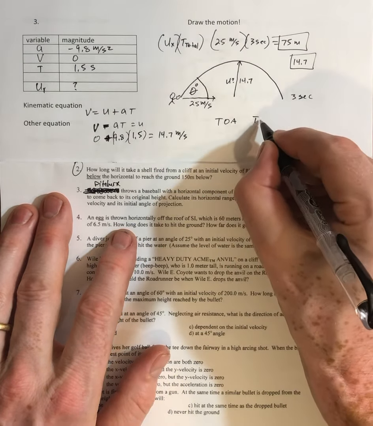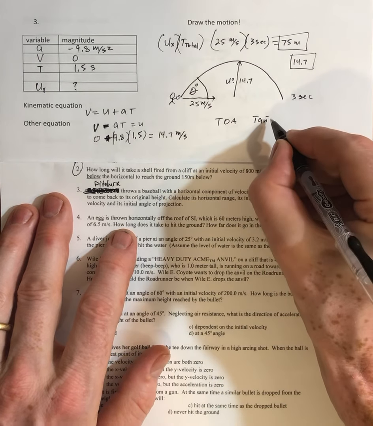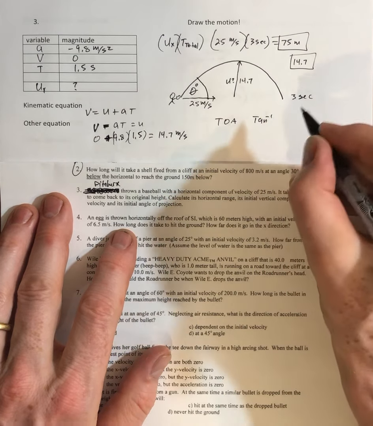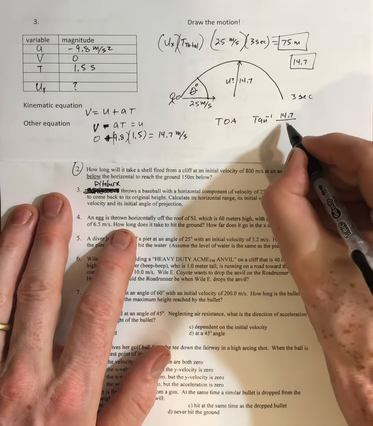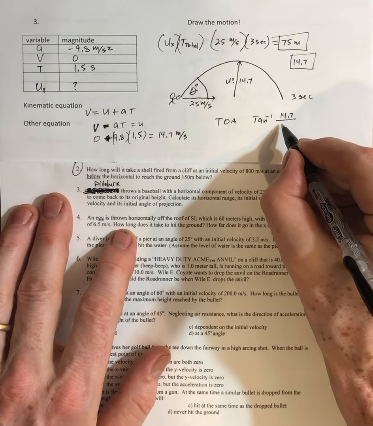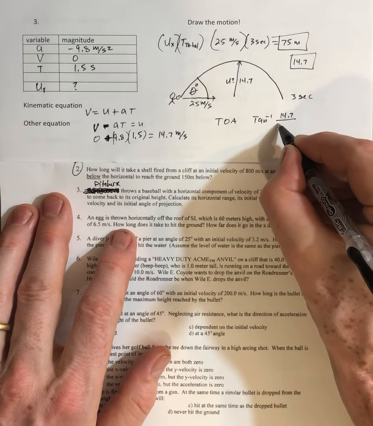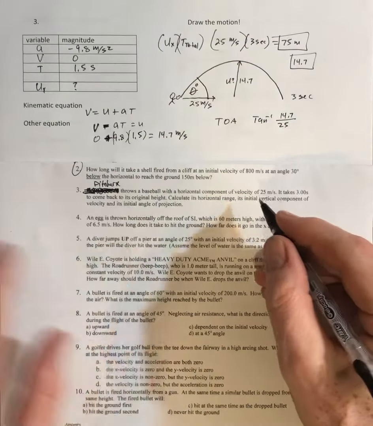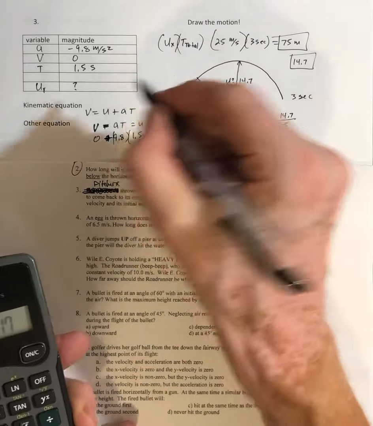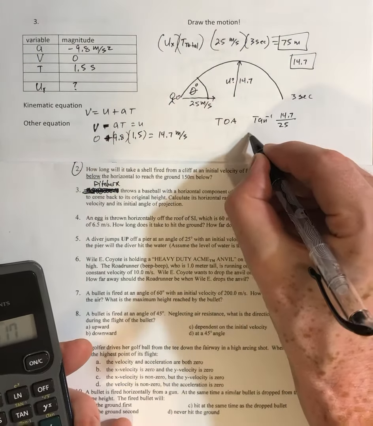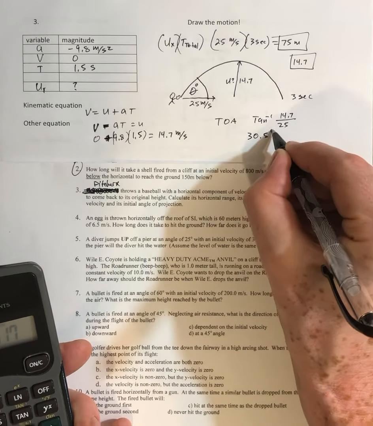So the inverse tangent of 14.7 divided by 25. I don't have that in my head, so let's try this. 14.7 divided by 25, and then inverse tangent gives me about 30.5 degrees. So my angle is 30.5 degrees.